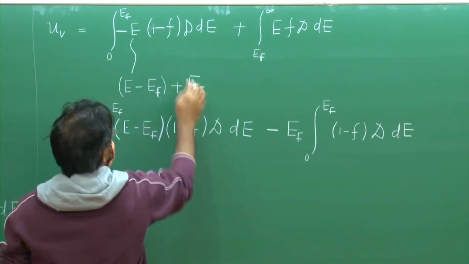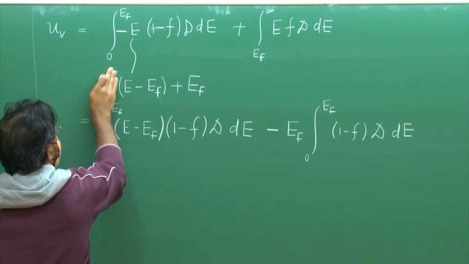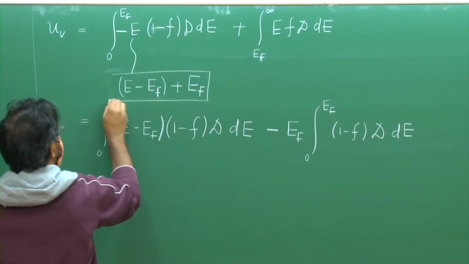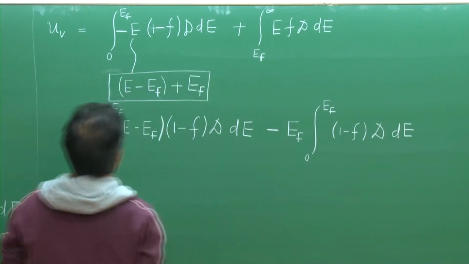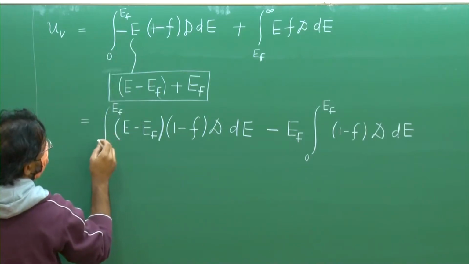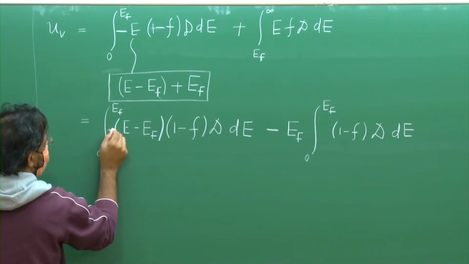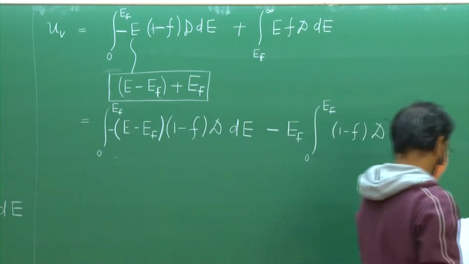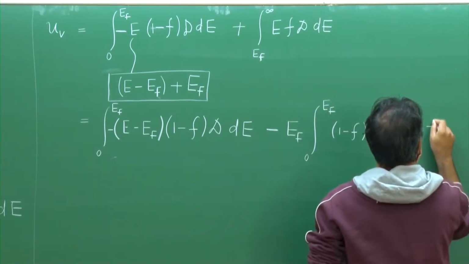I just divided this integral by writing E as this, into these two terms, and of course you should not lose this minus sign. So this minus sign will be carried here. Okay, and then you have the term from here which will come as is.